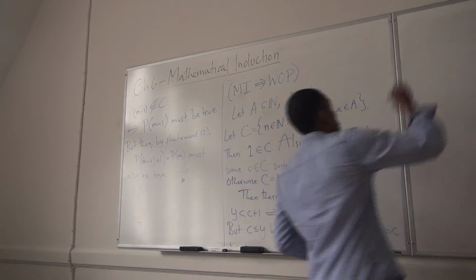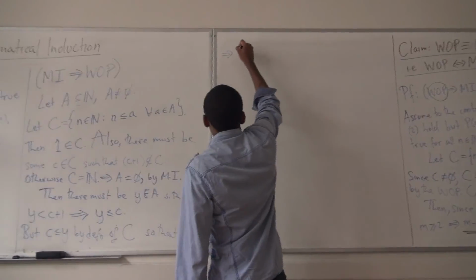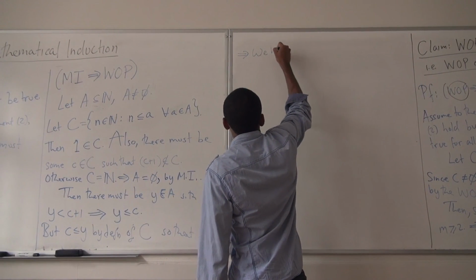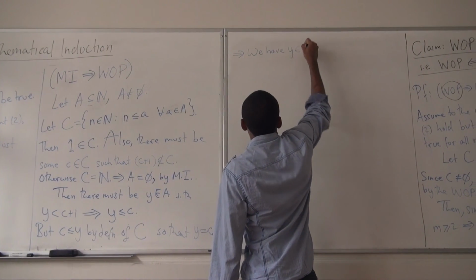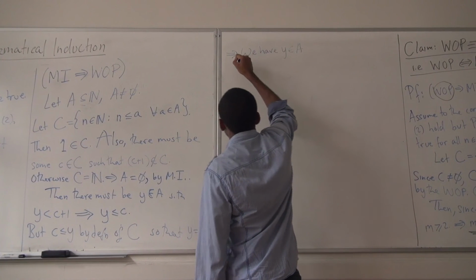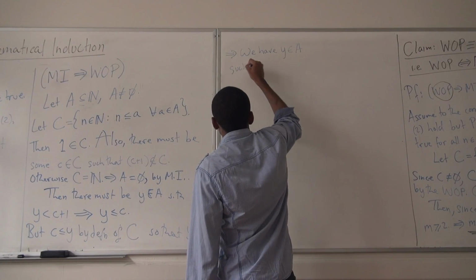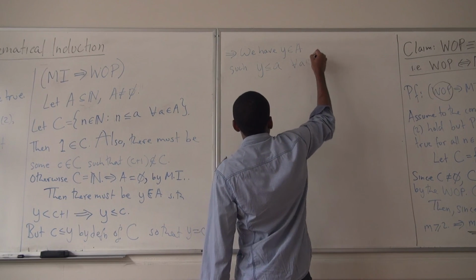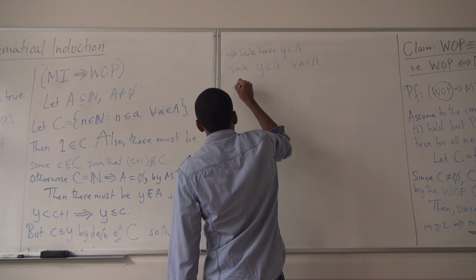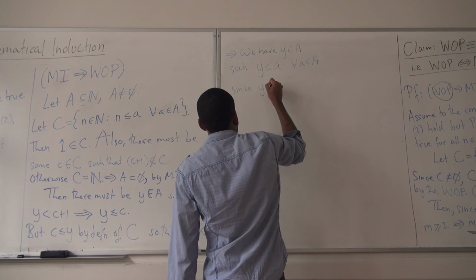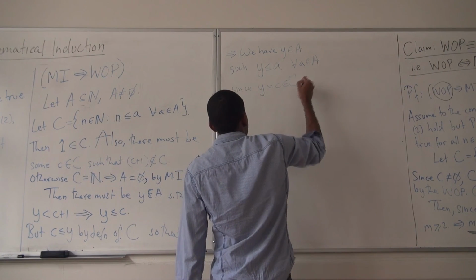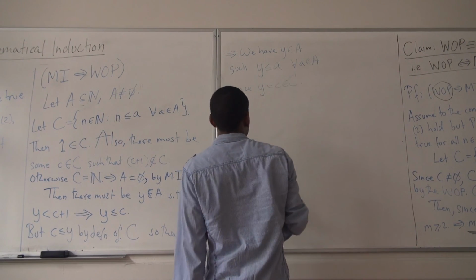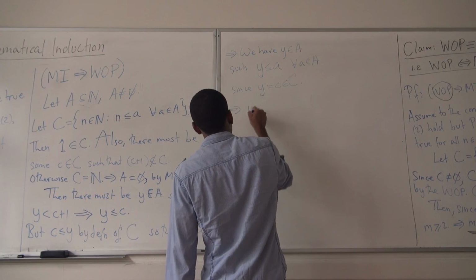And therefore, we have a y that's in A such that y is less than or equal to a for all a in A, since my y is actually equal to C, which is in big C, and that's the definition of C. This means y is the least element.